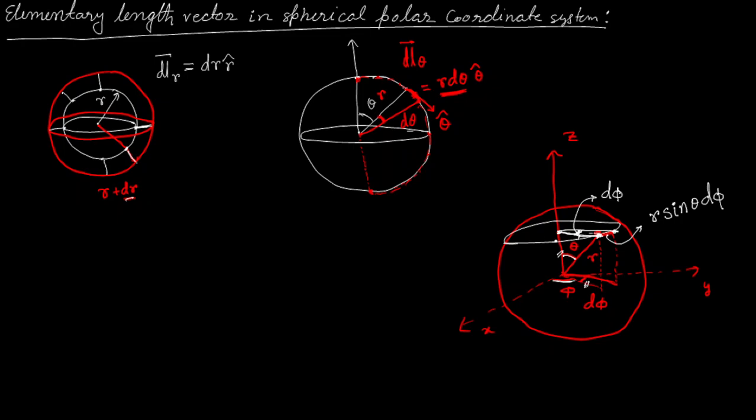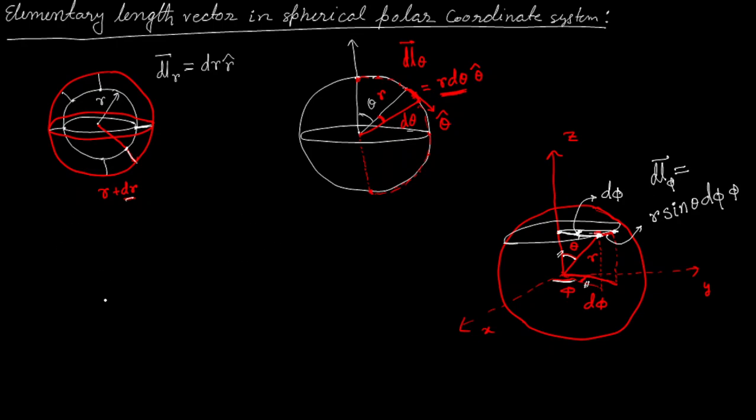I told you, if we draw a circle and then draw a tangent at any point on this circle in the anti-clockwise direction, that gives the direction of phi cap. So this length will also be generated in the phi cap direction. That's why it is called dl phi, and this is the elementary length along phi cap. So now we have the components dl r, dl theta, dl phi.